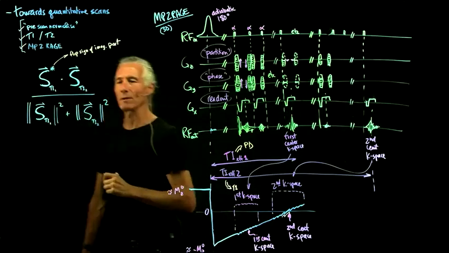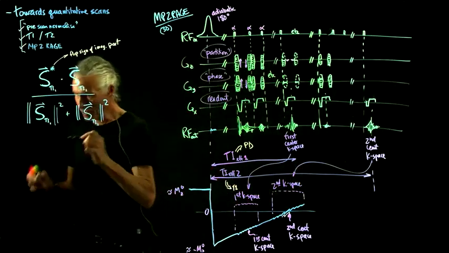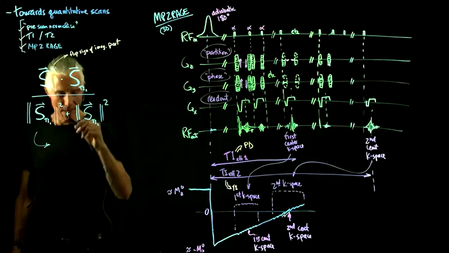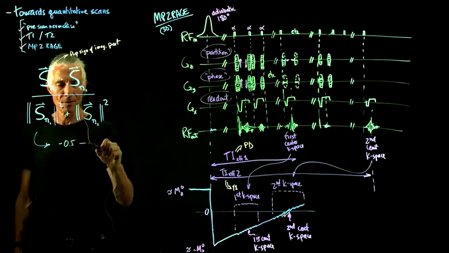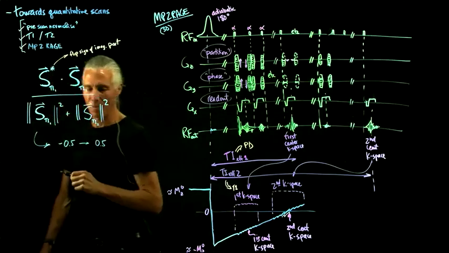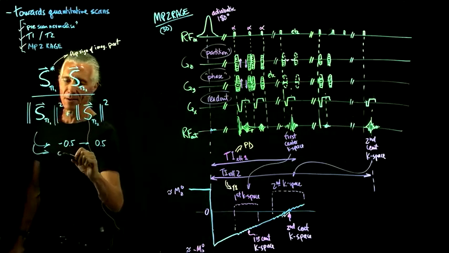So both of those are squared. If you do that, you can work it out, but you'll end up with just a number that goes from minus 0.5 to 0.5, and you can convert that to T1.